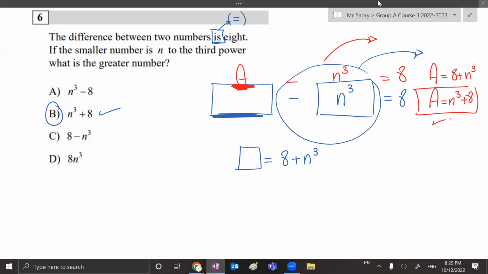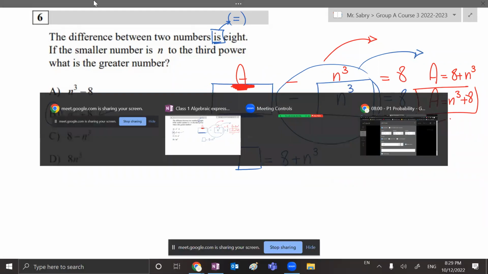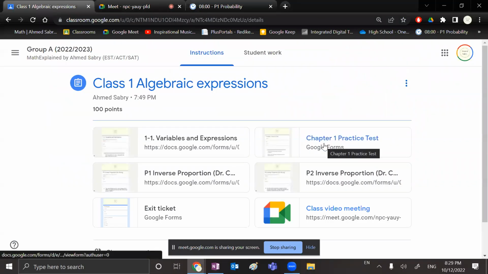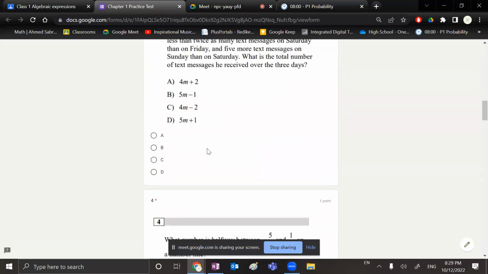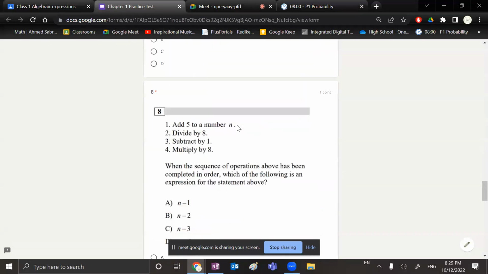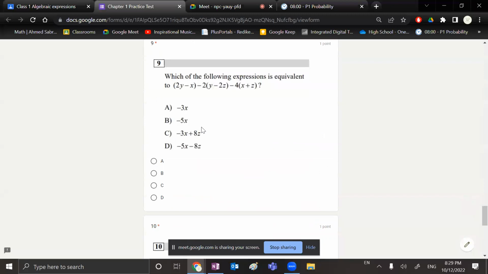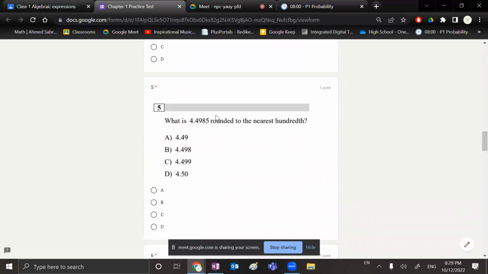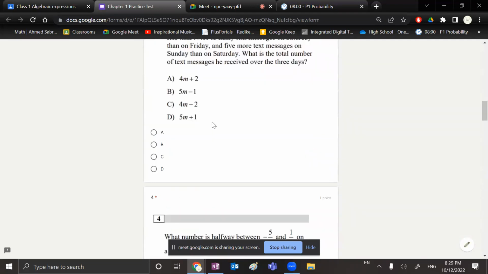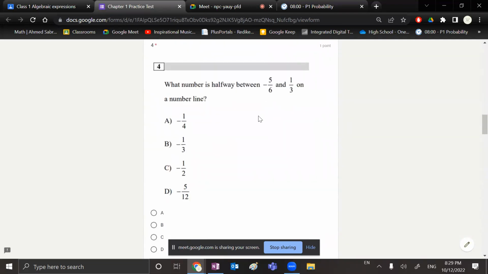Now, if you don't mind, head to Google Classroom please, and you should find the chapter 1 practice test. These are all questions based on the understanding of the translations of words along with the algebraic operations in general. There's just one question that we've discussed before, which is number 4. I hope you can do this right away.